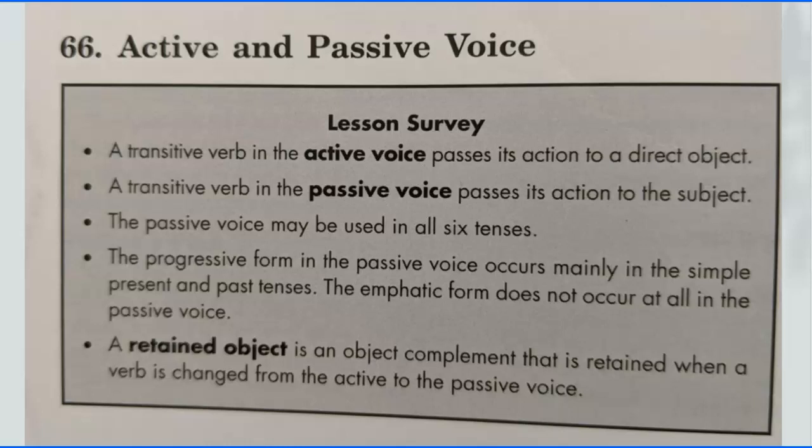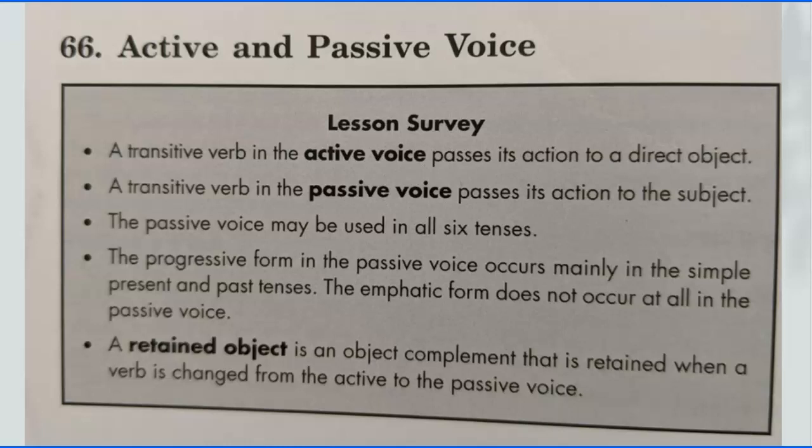The passive voice may be used in all 6 tenses, and we will see some examples. And then a few things: the progressive form of the passive voice occurs mainly in the simple present and past tenses. Emphatic form does not occur at all in the passive voice. Just some things to tuck away in your memory.